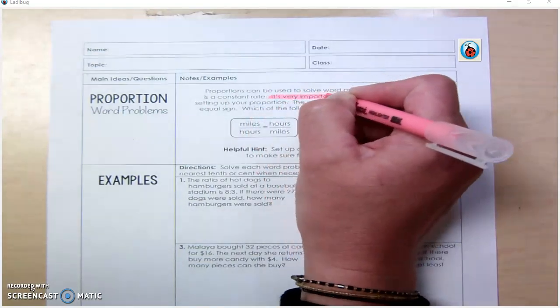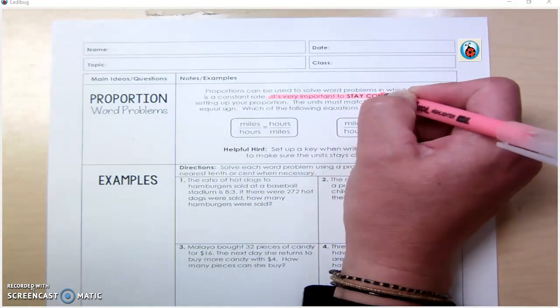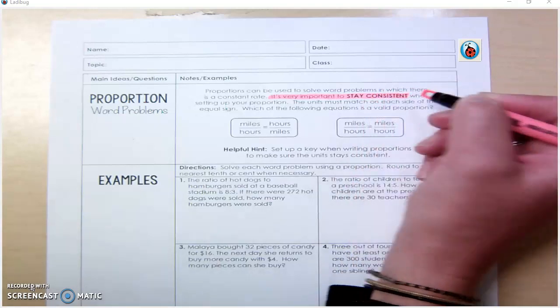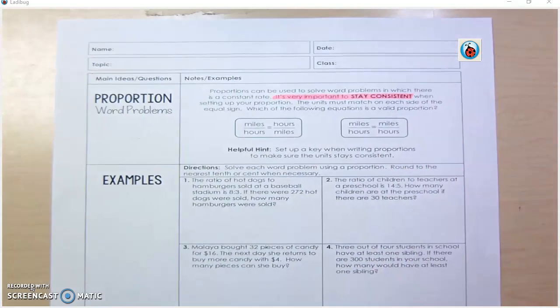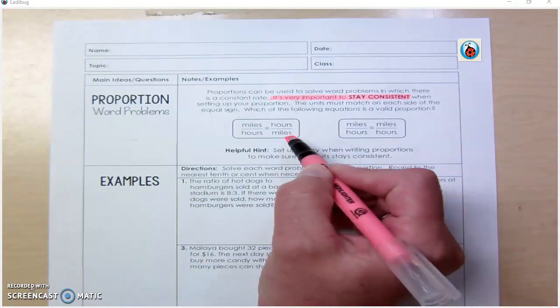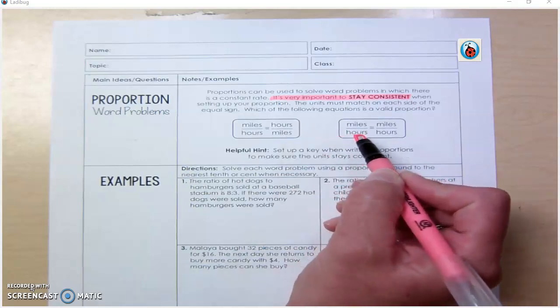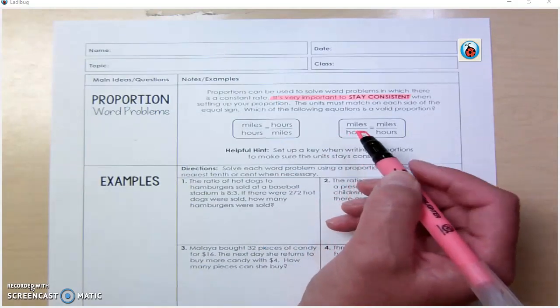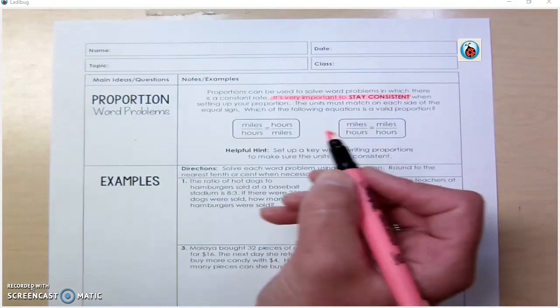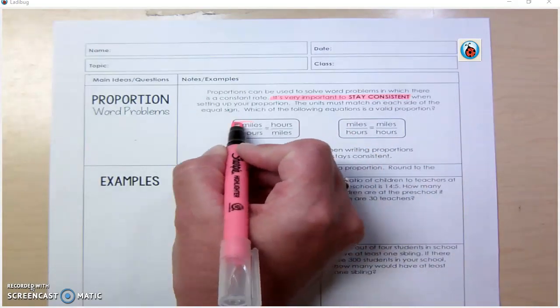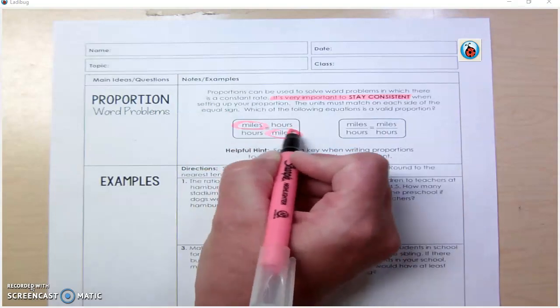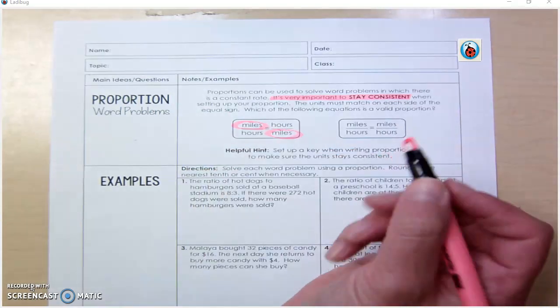Super important. When we're using proportions to solve word problems, we have to be very consistent with our units. You see two boxes that have units only labeled, and I want to make sure you're seeing that your miles and miles are for some reason crisscross from each other.